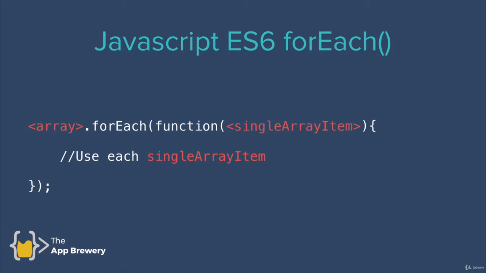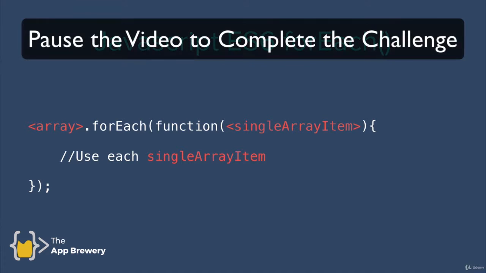And inside the forEach method, we get to have a callback function, and we get to tap into every single one of the items inside the array. And then we get to use it inside the callback. Now, as a challenge, I want you to pause the video and rewrite our simple for loop into a forEach loop and still make it work when we reload our to-do list website.